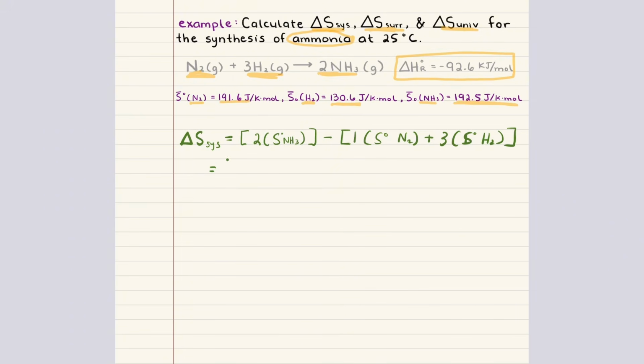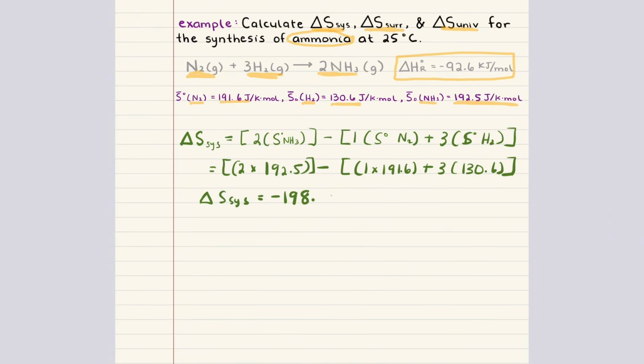Numerically, this is 2 times 192.5 joules per Kelvin per mole minus, in brackets, 1 times 191.6 joules per Kelvin per mole plus 3 times 130.6 joules per Kelvin per mole. Calculating this gets us negative 198.4 joules per Kelvin per mole.